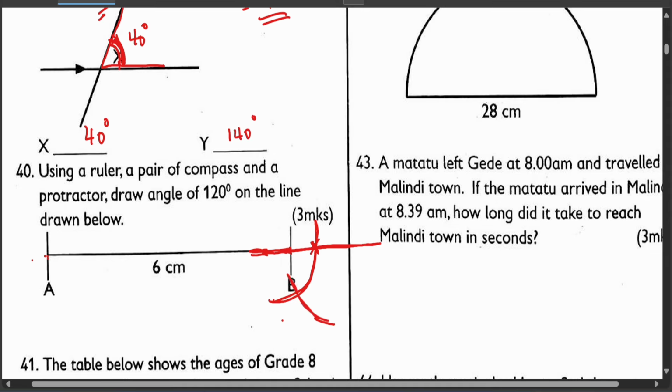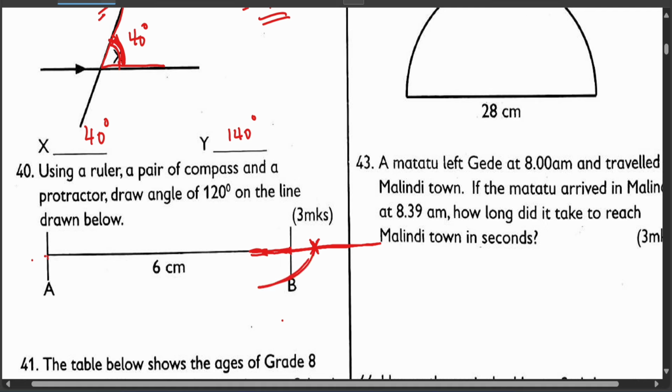So this one is usually your 120 degrees. And this is just an example. So let me just show you again. You draw a straight line outside that given line, and then you draw an arc that cuts.